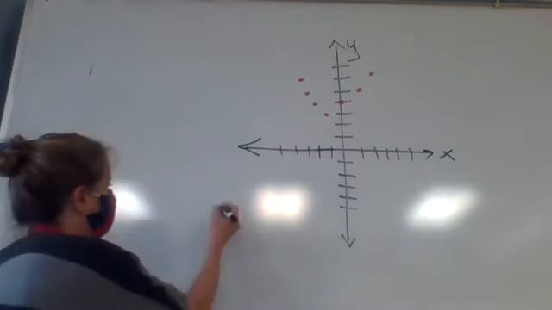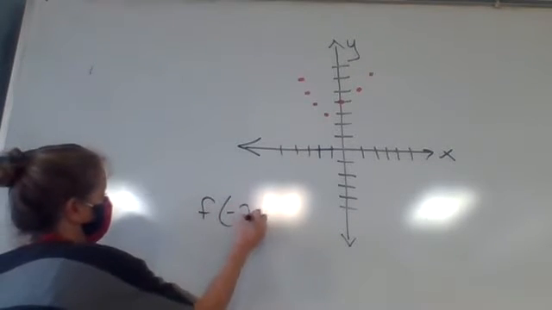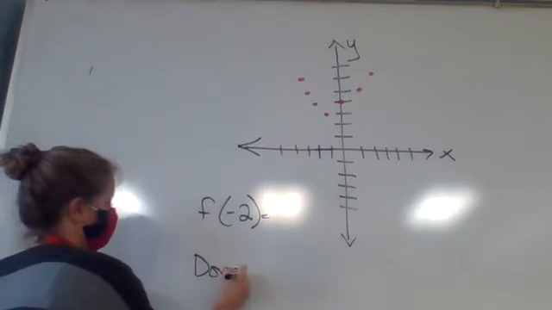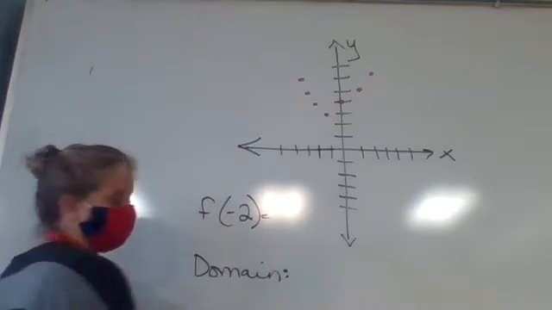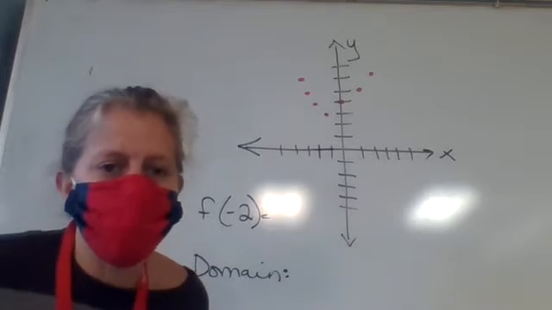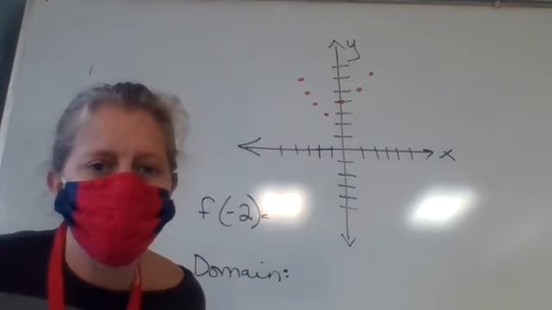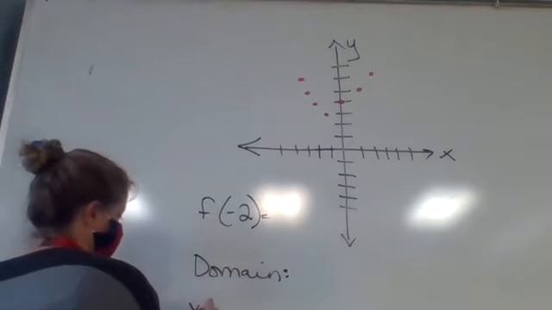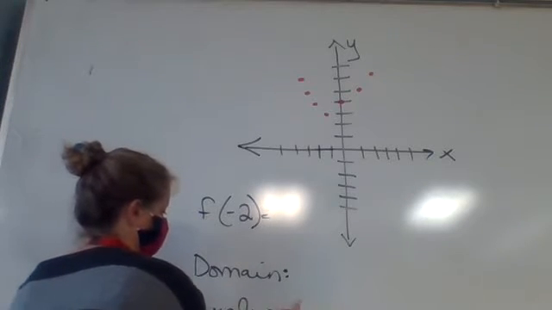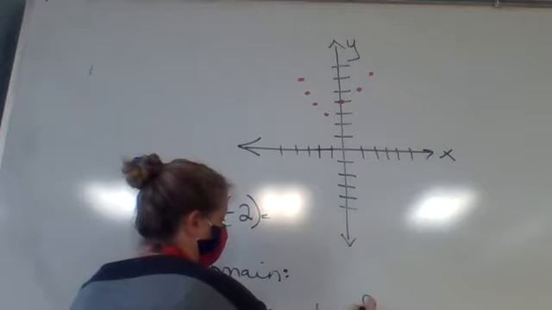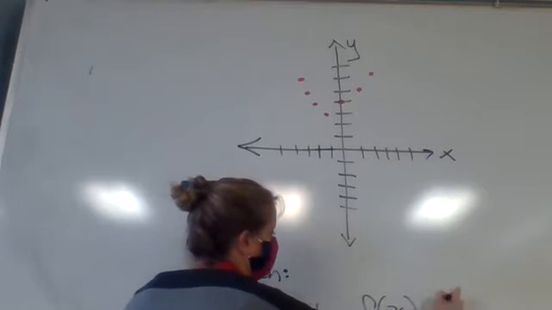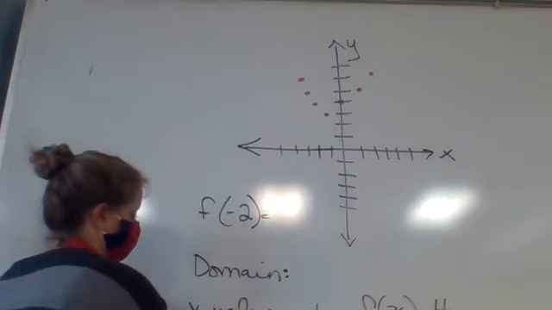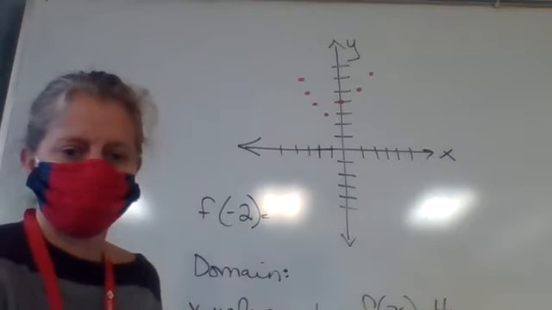So f of -2, then it's going to ask for the domain. Then it's going to say find any x values for which f of x equals 4. And then it's going to ask you to find the range. So 4 things.